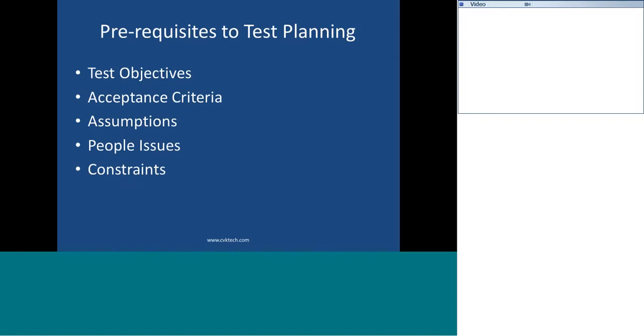So if we are testing an adjudication web application, what is our objective? Our objective could be automating the claim processing. Maybe previously we were doing it manually. So by incorporating this particular web application that does adjudication, we may be automating around 80% of the claim processing.